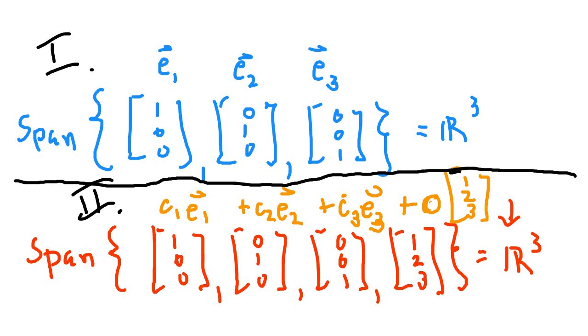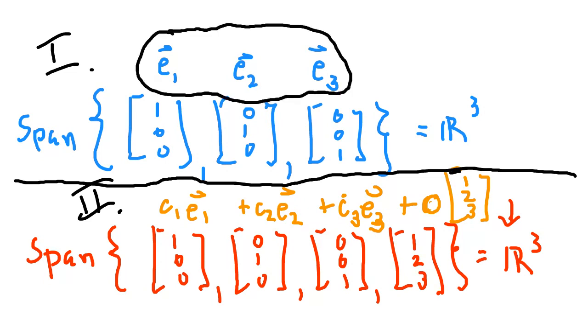It's the first set. Because you only need these three vectors. Notice it's three-dimensional space and you have three vectors. You only need three vectors to form a basis for three-dimensional space. You don't need a fourth vector. The fourth vector is unnecessary. You only need three linearly independent vectors.